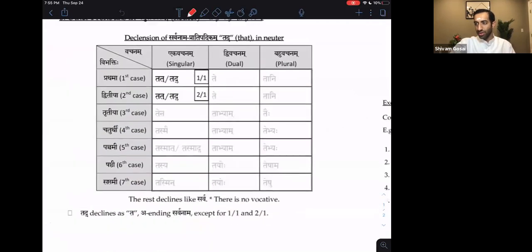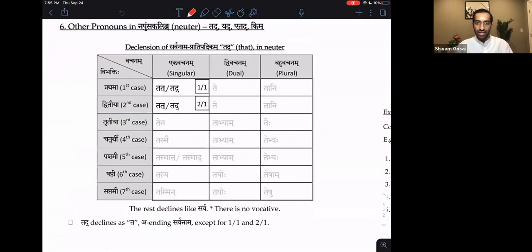So we've seen sarva last time, sarva in napumsakalinga. So we're in neuter gender. 3 genders. We've seen masculine gender so far. We've entered into neuter gender, napumsakalinga, and we'll see strilinga, feminine, after some time.